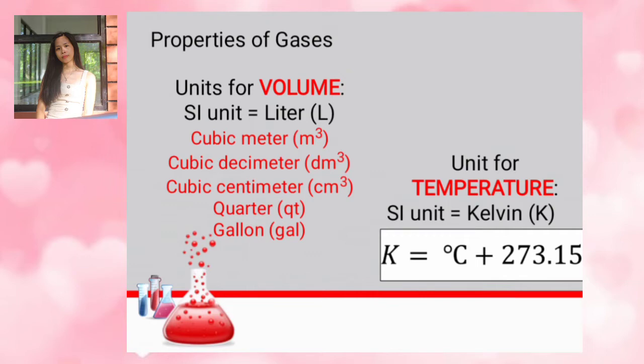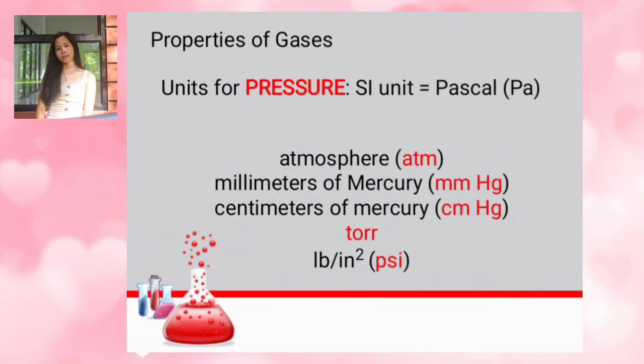The unit for temperature is SI unit equals Kelvin or K. K equals Celsius plus 273.15. Unit for pressure is SI unit equals Pascal or Pa, atmosphere, millimeter of mercury, centimeter of mercury, and pounds per square inch.